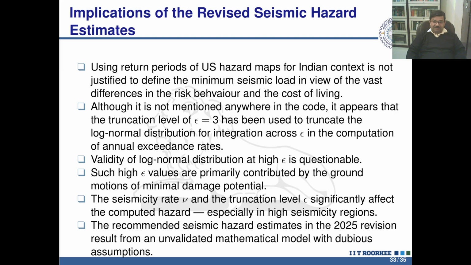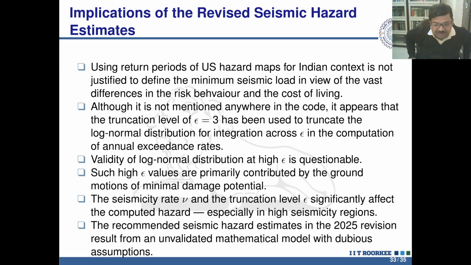And finally, to conclude, the recommended seismic hazard estimates in the 2025 revision result from an unvalidated mathematical model with dubious assumptions. So, are we all doomed?